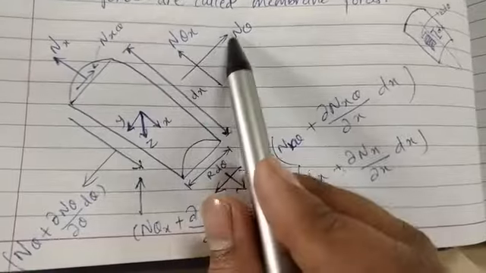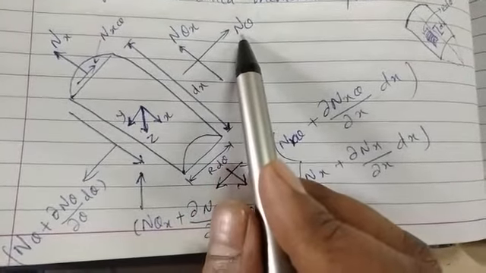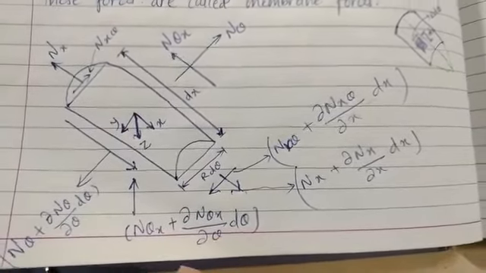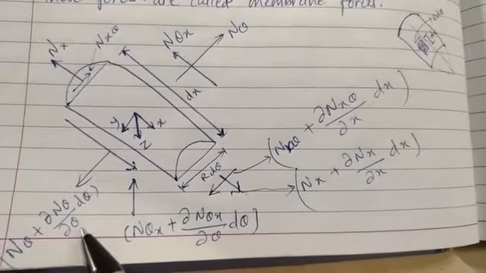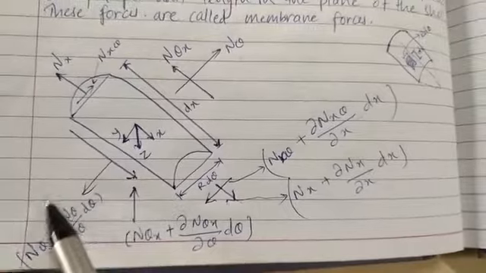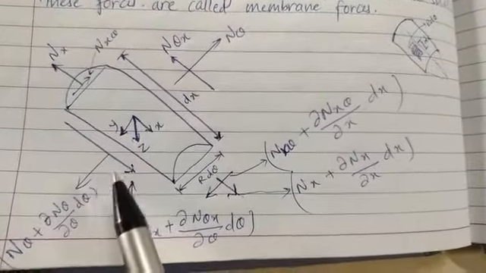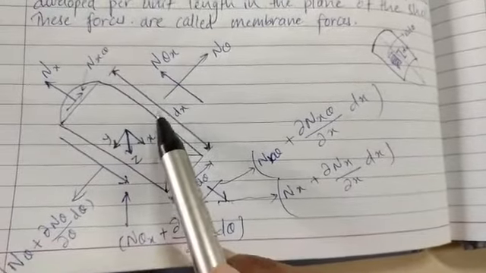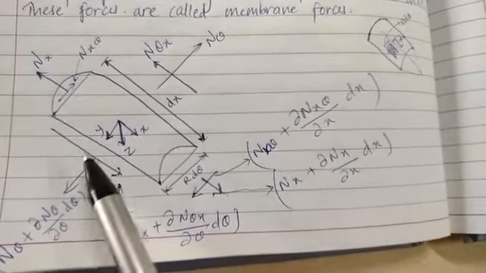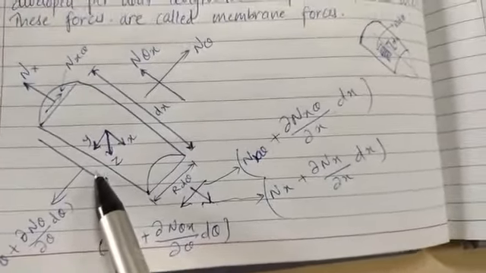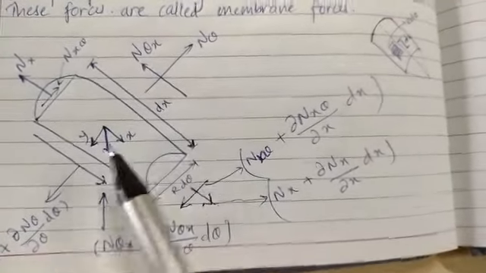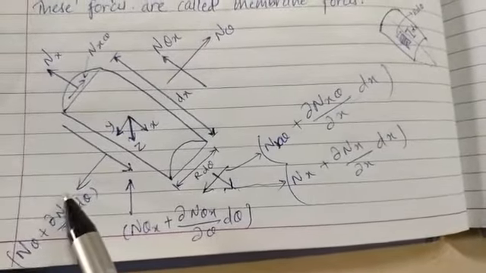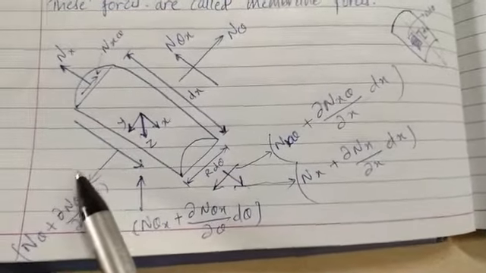Here at this face we have considered the force n theta, and for this face n theta plus dou n theta upon dou theta into d theta. This is the additional force due to the change in position, because here there will be a different force, somewhat lesser or greater than this value. So we have assumed some greater value here.